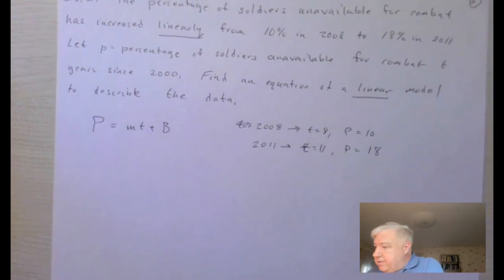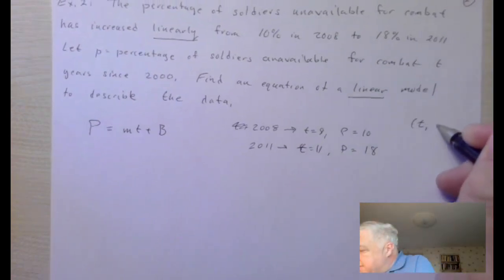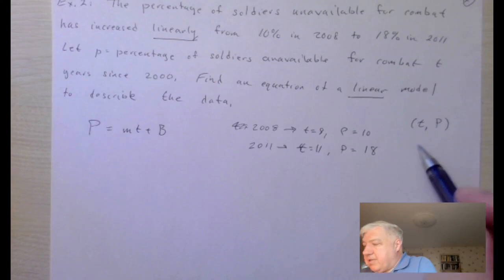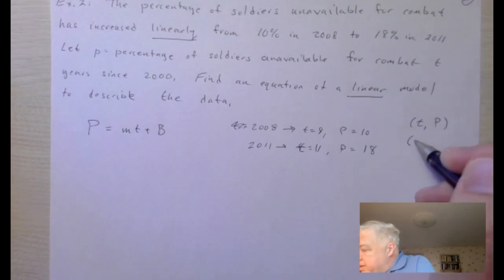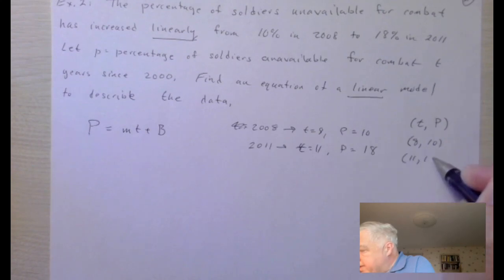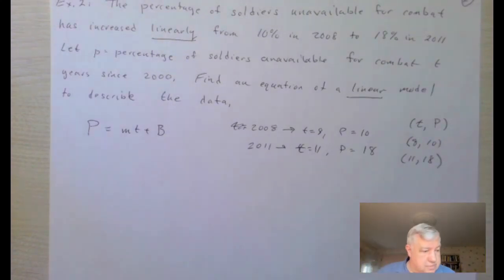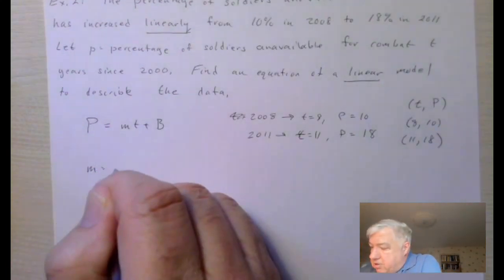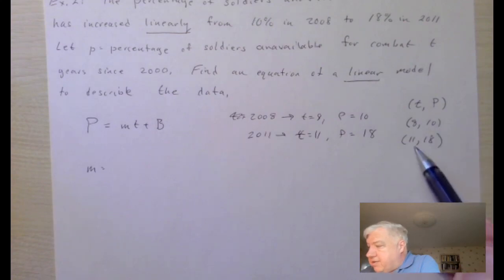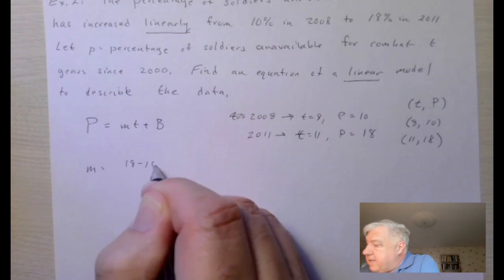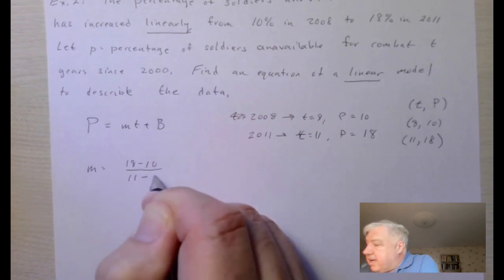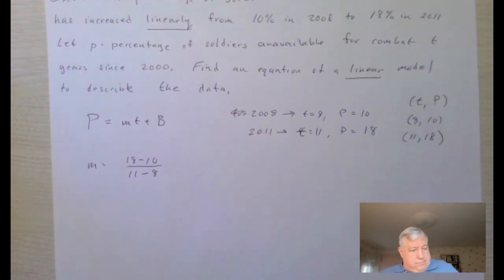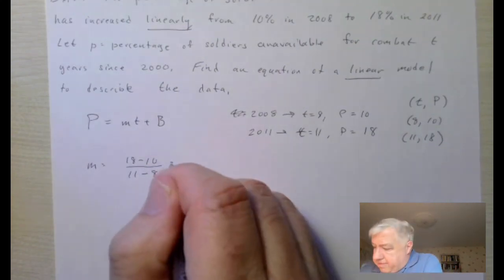So the corresponding points, if we're on this line, would be (8, 10) and (11, 18). So our slope M is the change in P divided by the change in T. So this would be 18 minus 10 over 11 minus 8. This turns out to be 8/3.